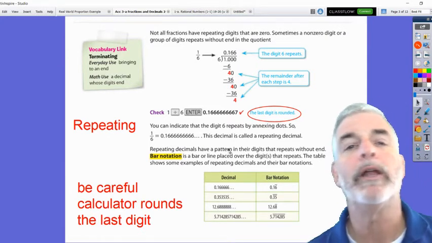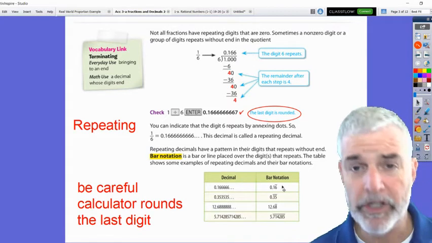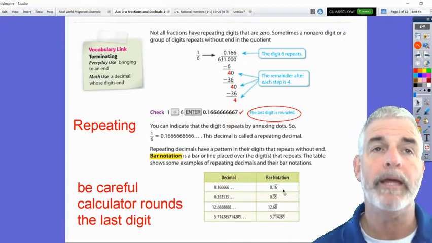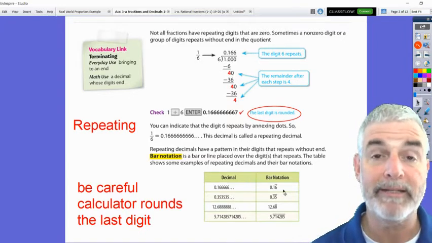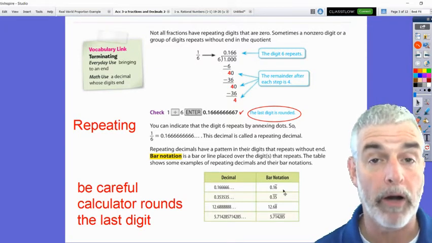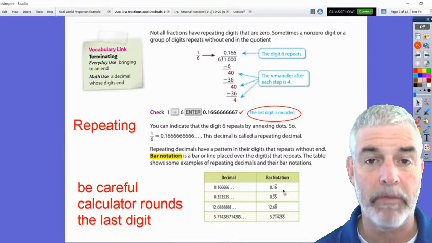Okay. So down here, it talks about some different types of repeating decimals. The best way to write these, the accurate full way to write a repeating decimal is with a repeating bar. We're using bar notation. So the bar goes on top of the digits that repeat.